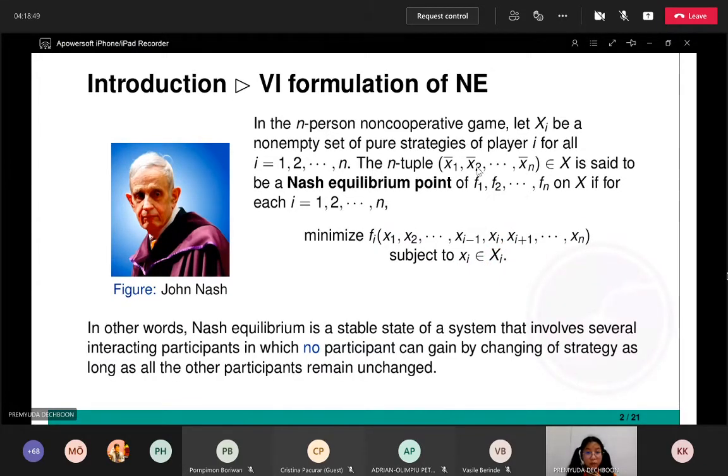The Nash equilibrium point concept means that if it is a Nash equilibrium point, then no player can gain more benefit if they change their strategy.